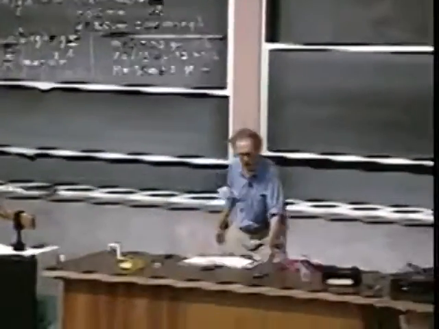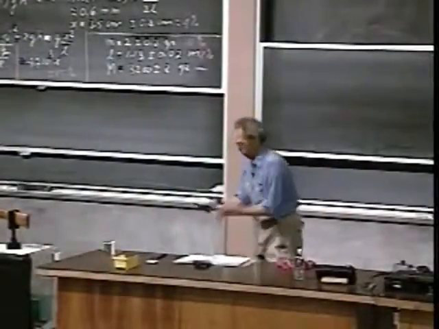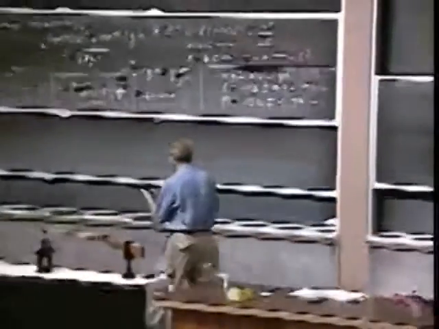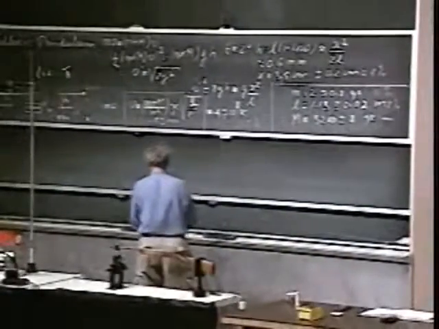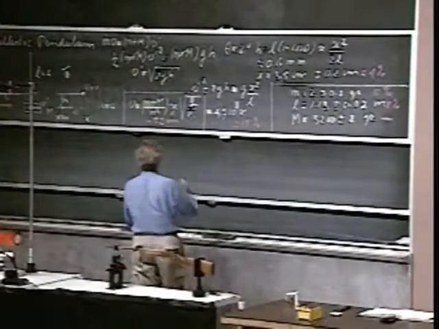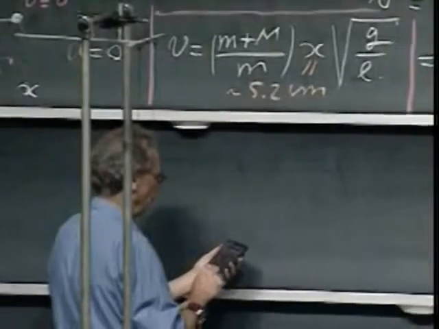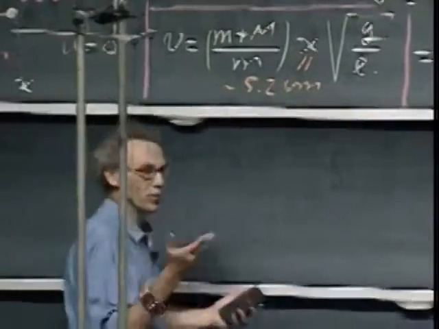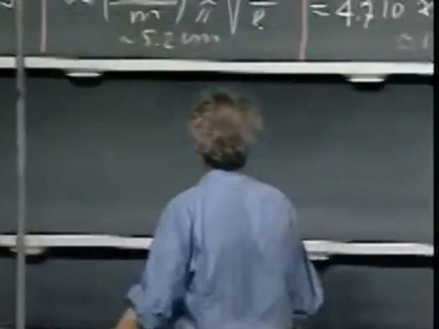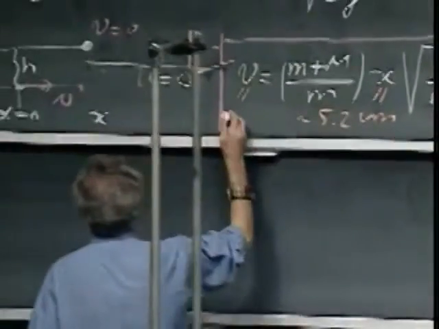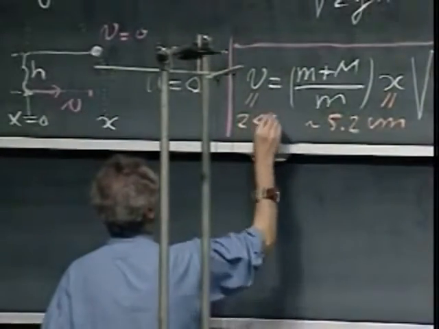So I have to calculate now the 4.7 times 10 to the third, multiplied by, I go MKS of course, so that is 0.052, and that is 244 meters per second. I remember last time we had something very similar. So the speed of the bullet is about 244 meters per second.